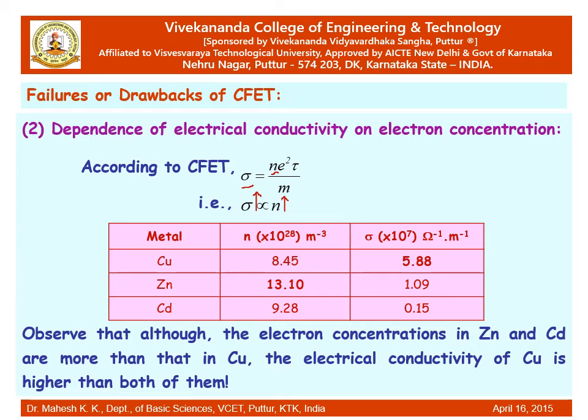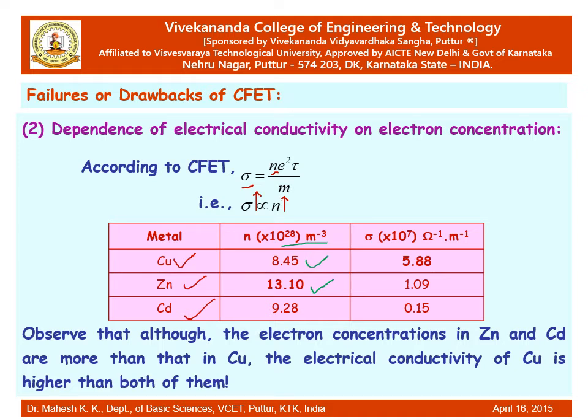Now consider N for three metals, for example copper, zinc and cadmium. Out of the three, zinc has the maximum, 13.1 into 10 to the power 28 per meter cube. For copper it is less, around 8, that's all.